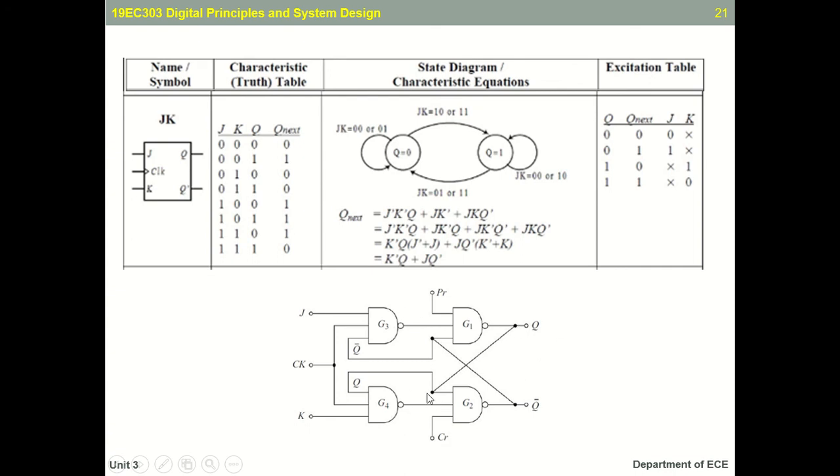Now this 1 will come to here, right? 0 and 1, both are different, right? Both are different means both inputs are 0 and 1, both the inputs are different inputs, so your output is equal to 1 here.